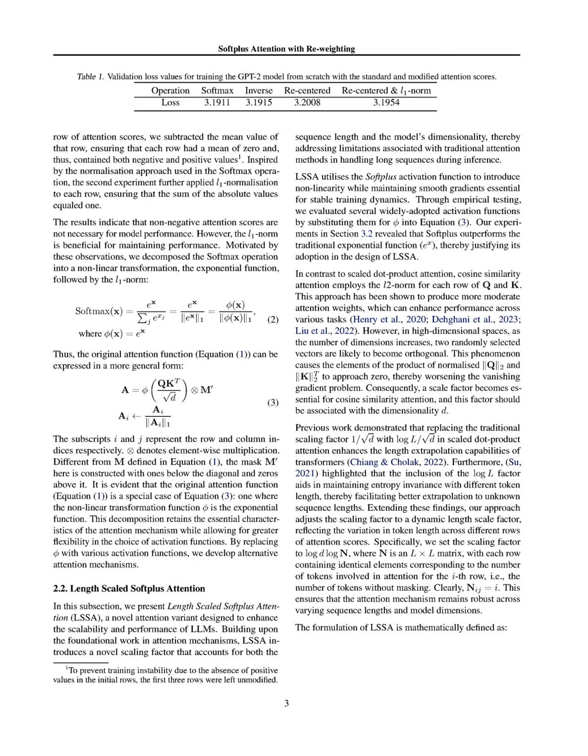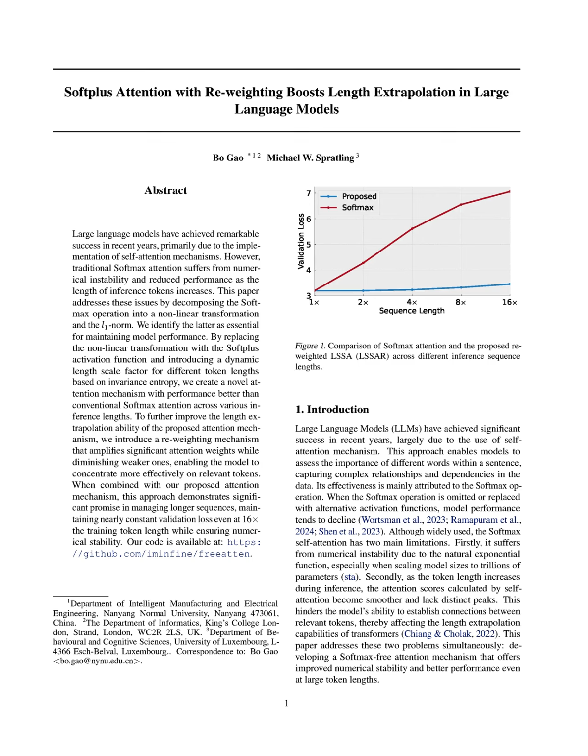Additionally, LSSA incorporates a dynamic length scale factor, defined as scale = log_D(n), where n is a matrix reflecting the number of tokens involved in attention, which helps maintain performance across varying sequence lengths. This combination allows LSSA to effectively manage longer sequences, while ensuring numerical stability and improved performance.